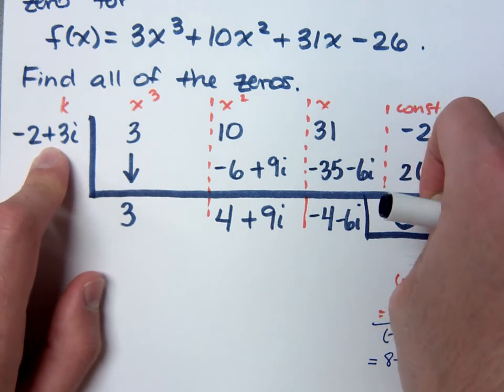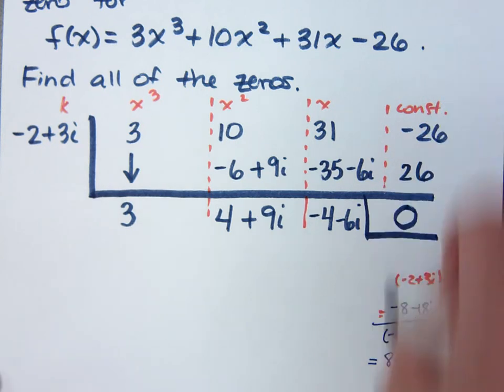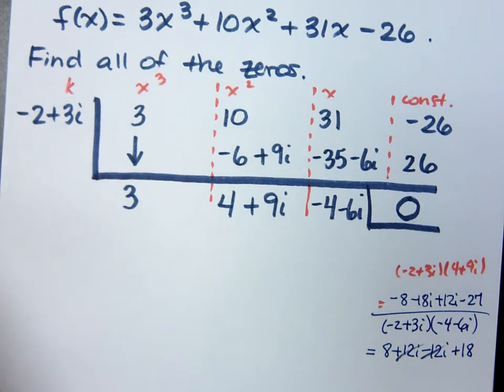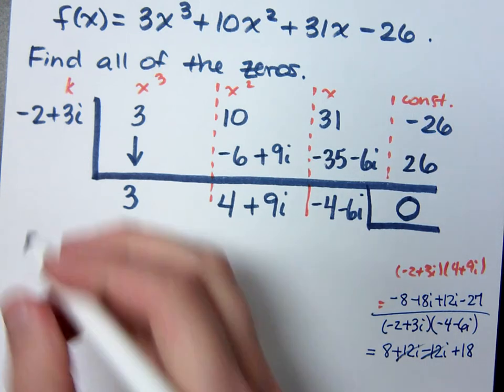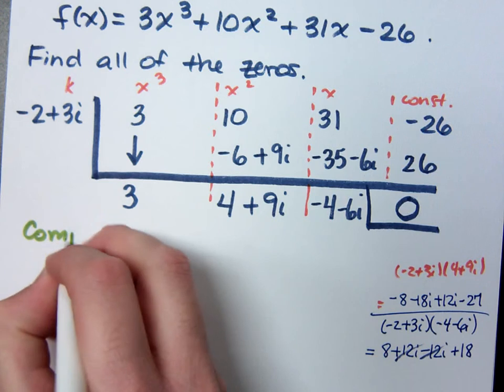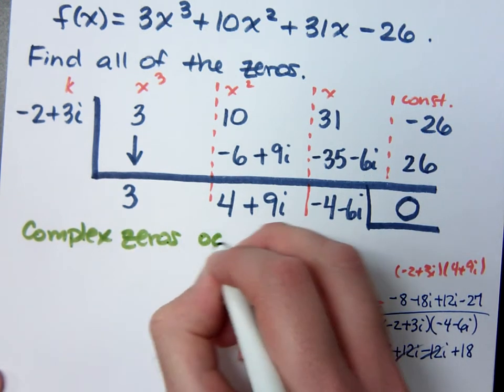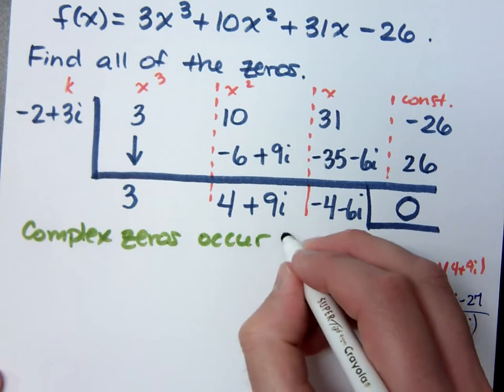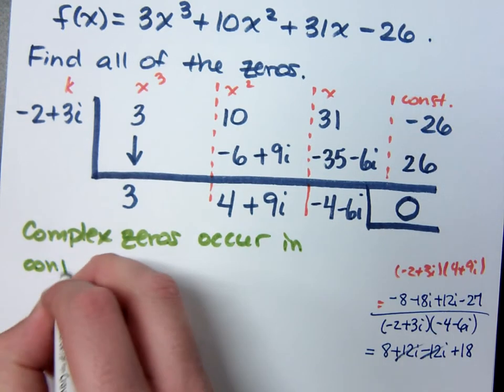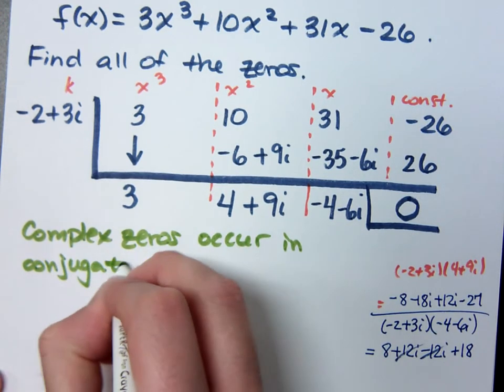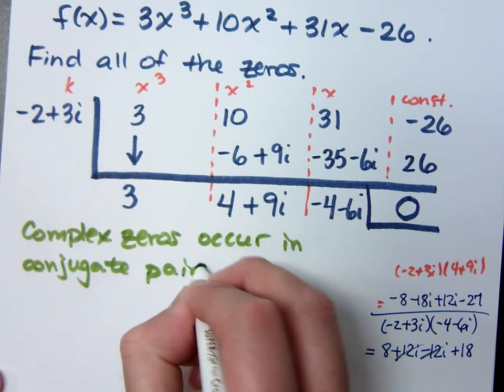Write it down. Complex zeros occur in conjugate pairs.